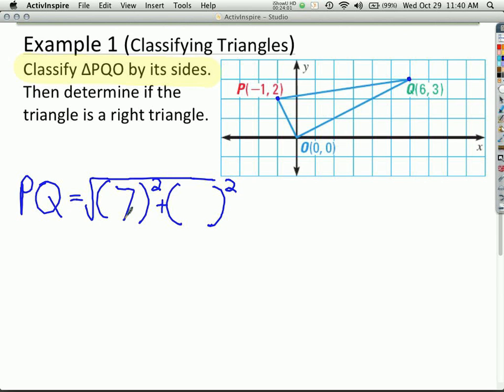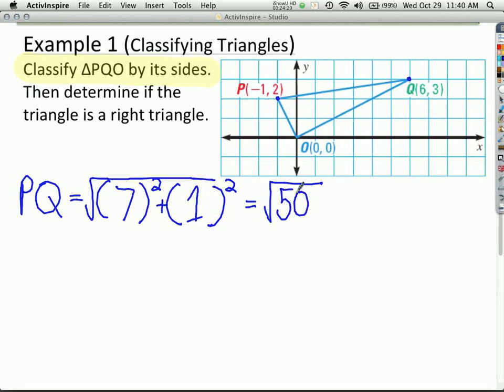And then do the y's. 3 minus 2, well, that's not hard. Now, mental math. 7 squared is 49, 1 squared is 1, so this is really the square root of 50.